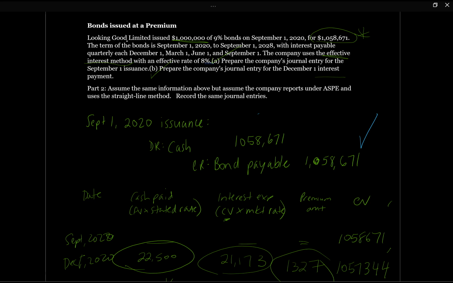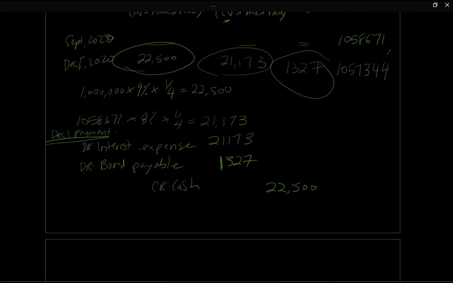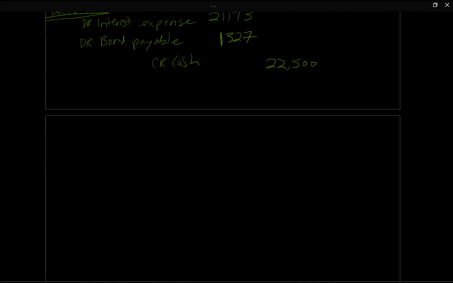What would change is the way that we amortize the premium. So under ASPE, we would say, okay, we had a $1 million bond, and we paid 1,058,671.